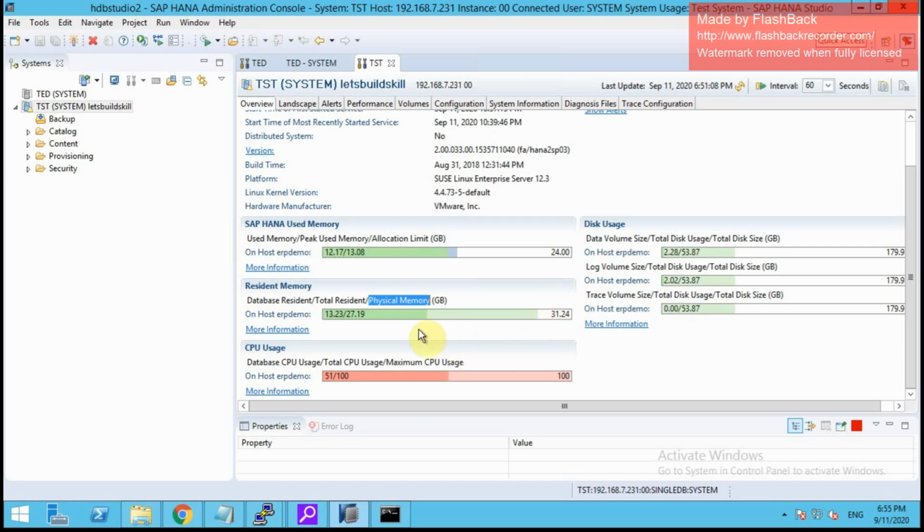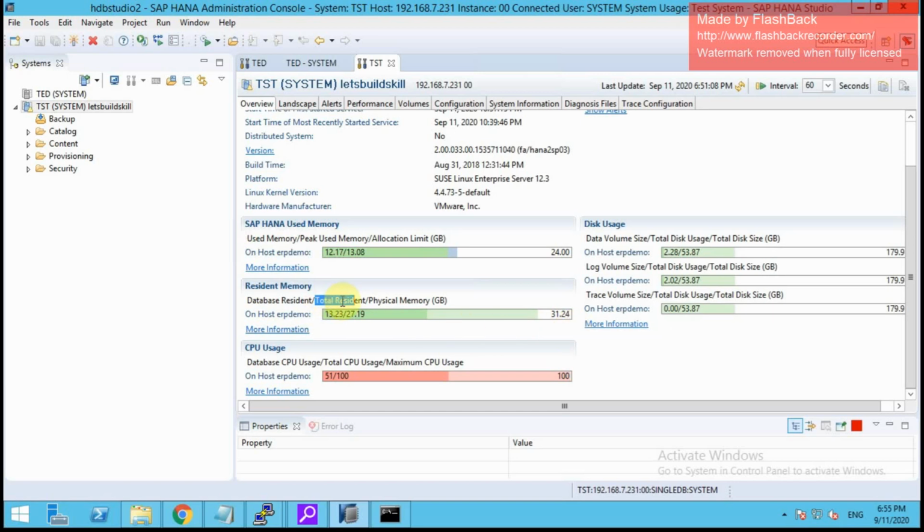Now, coming back to total resident memory. What is total resident memory? If you see the sequence, database resident, total resident, physical memory: database resident is 13.23, total resident is 27.19, and physical memory is 31.24, or 32 GB.